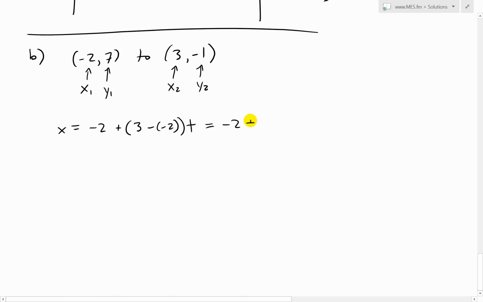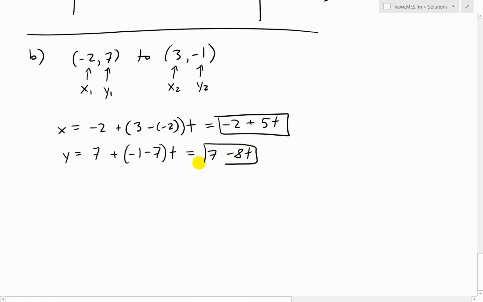So x = -2 + 5t. And y is equal to the same thing: y1, which is 7, plus y2 minus y1, so -1 minus 7, times t. This adds up to -8. So y equals 7 minus 8t.